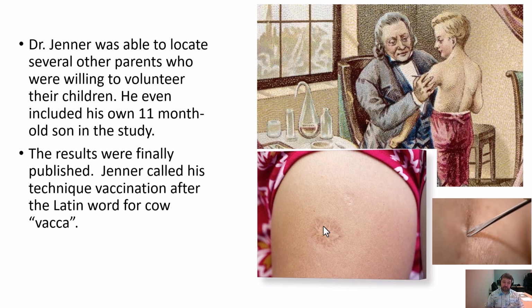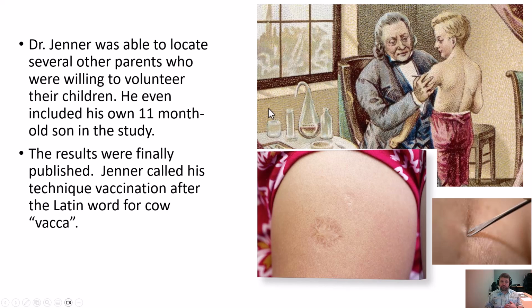In the case of early vaccines, the virus was, for lack of better terms, considered alive. Okay, so viruses are not living organisms, but it was considered alive. Therefore, it could infect you. You could get sick from it.